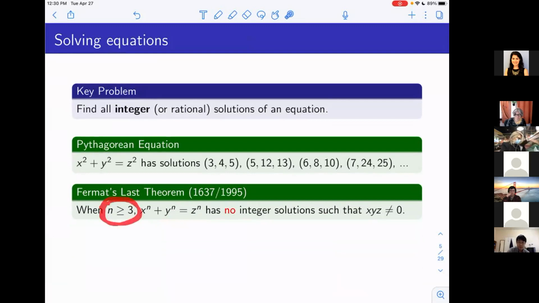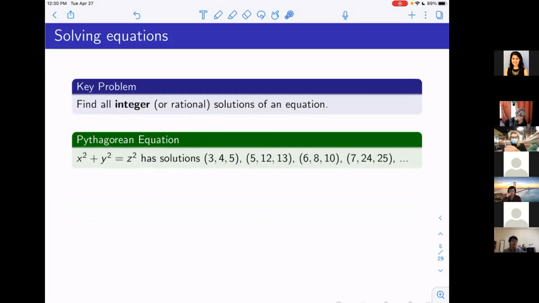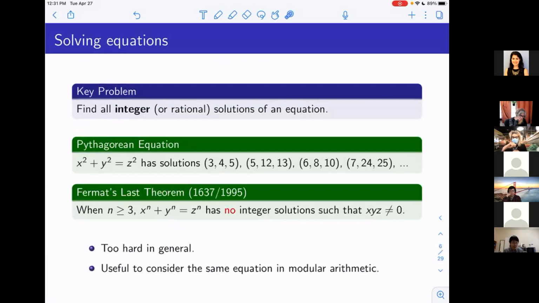And the key point here is that n is greater than or equal to 3. The previous case is n equals 2. It took more than 350 years. It was first suggested by Fermat in 1637, but it was settled in 1995.